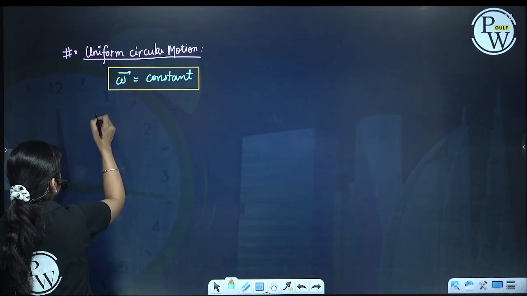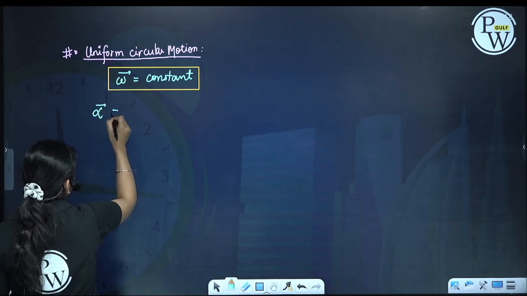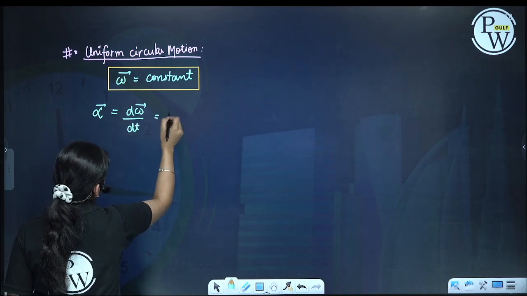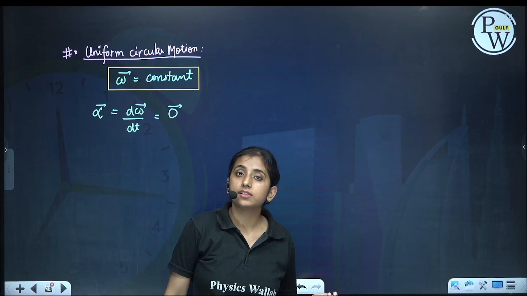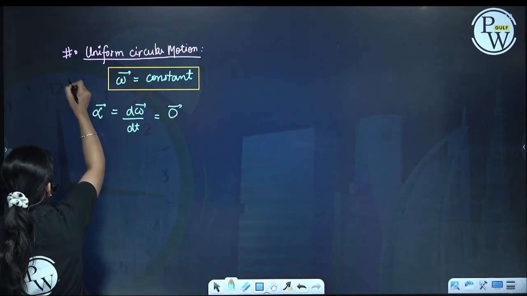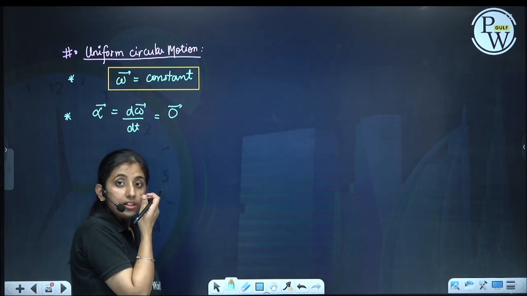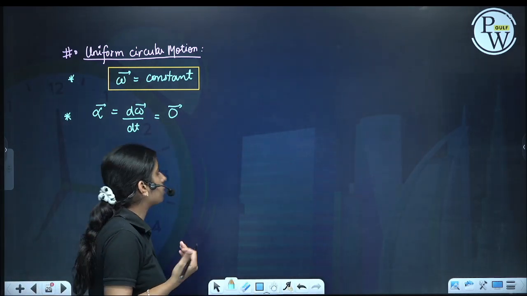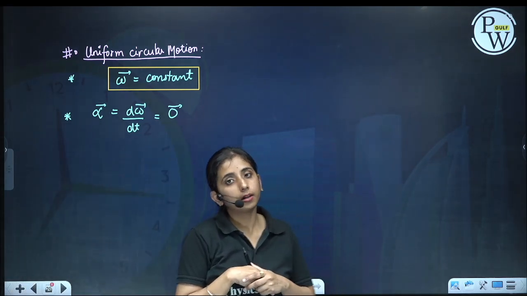In uniform circular motion, alpha equals d omega by dt, so alpha will be 0, no angular acceleration, since omega is a constant. First point, if my particle rotates with constant angular velocity, then its motion is called uniform circular motion. So alpha is the 0 vector.